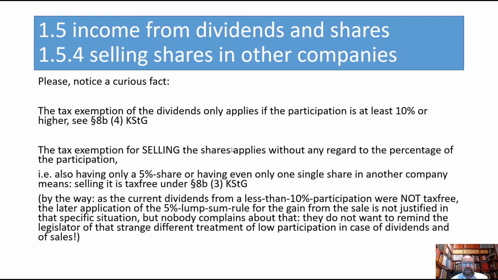Although when the current dividends would be taxable, in case of a 5% share or single share, then the 5% non-deductibility rule is not justified, but nobody goes to court because of that, because nobody wants to remind Parliament that they have forgotten also to deny tax exemption for selling shares with a low participation. And so everybody is happy with the situation as it is.